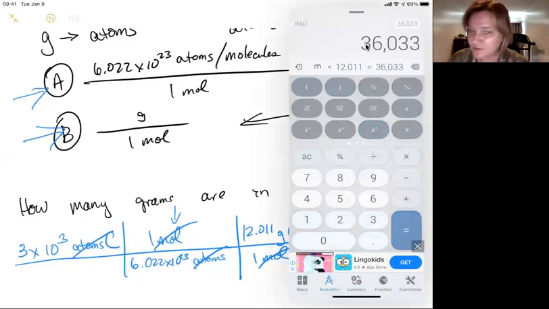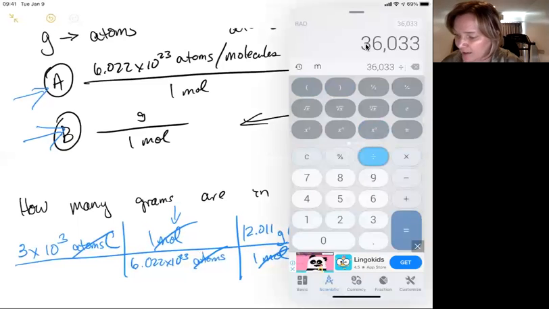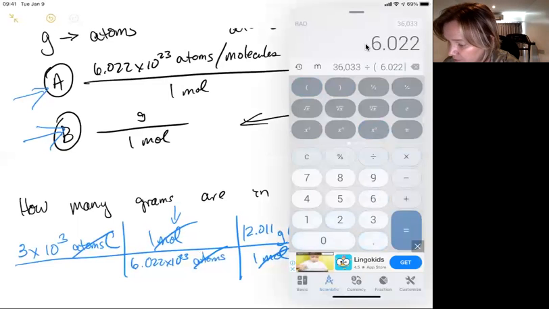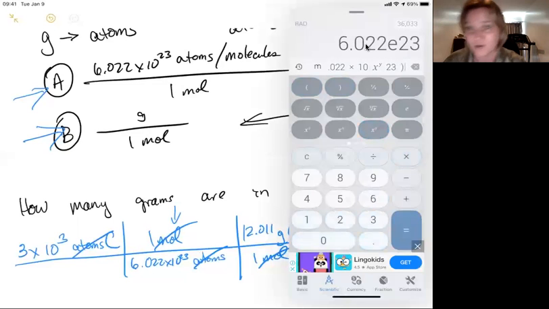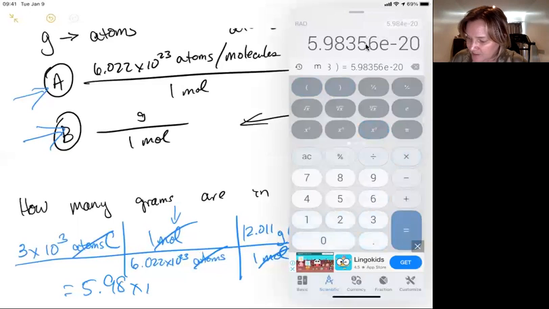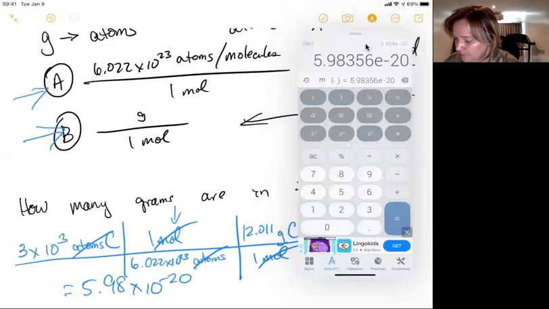And that's equals. Then I'm going to divide by, and again I'm going to use brackets because I'm using a non-scientific calculator, I'm using my iPad, 6.022 times 10 power 23 end bracket. So that's Avogadro's number, equals. And I get 5.98 times 10 to the minus 20.